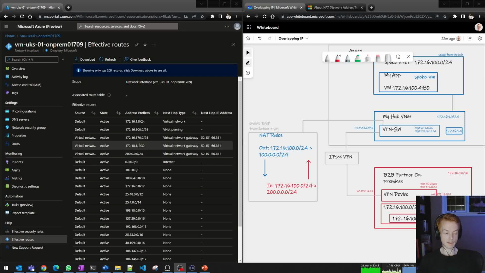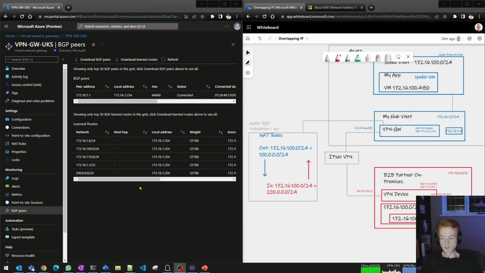And if you look in the effective routes of a VM in Azure, you see that it thinks that to get to the 200 range, it should go to the VPN gateway, which of course you need for the Azure stack to process the packet. It's also worth noting that in the VPN gateway on the Azure side, in the BGP routes, we can see here that after the NAT config, we see the inbound NAT rule taking effect here in the learned routes.